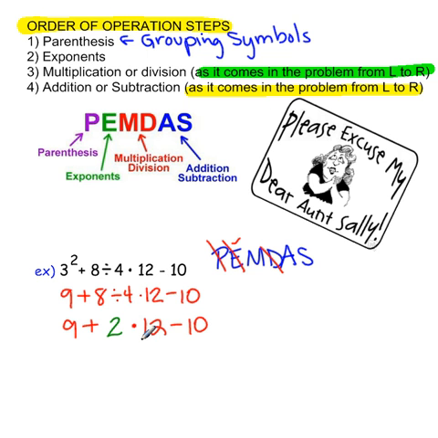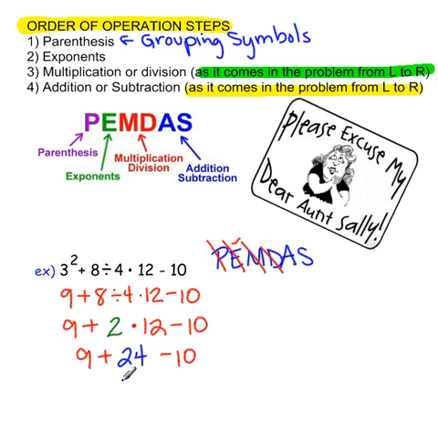Now let's worry with the multiplication. And the multiplication is 2 times 12, which is 24. So I'm going to keep the 9 here, and I'm going to keep the minus 10 on the outside. So I've done multiplication and division. Now I'm going to look at the addition and subtraction. And that's what I have left. And I'm going to do those operations as they come from left to right. So lucky for us, the addition comes first.